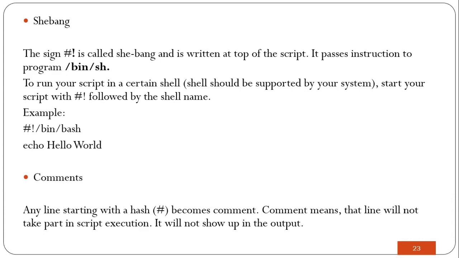And the shebang is nothing but the absolute path to the bash interpreter. This shebang consists of a number sign and an exclamation point character followed by the full path to the interpreter, such as /bin/sh or /bin/bash.